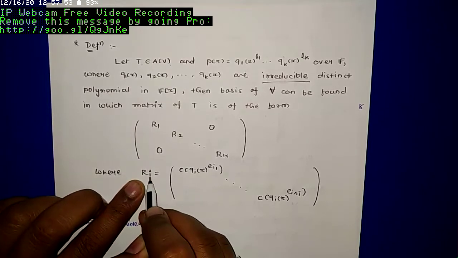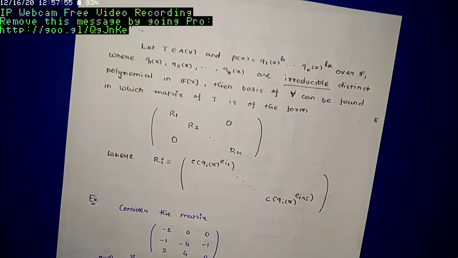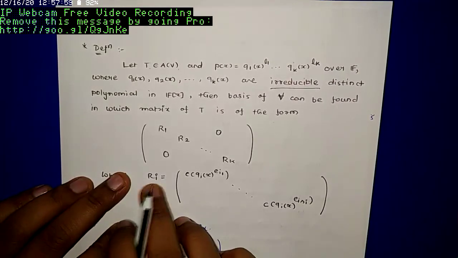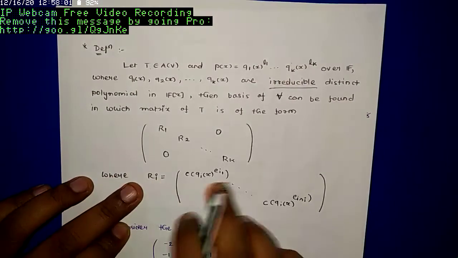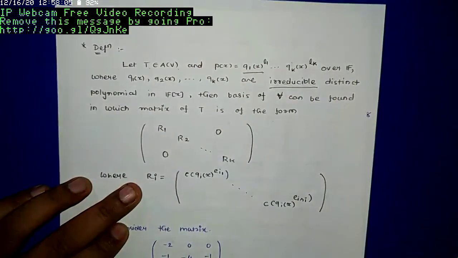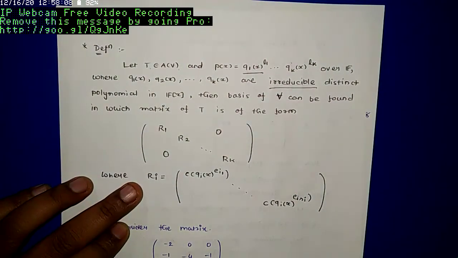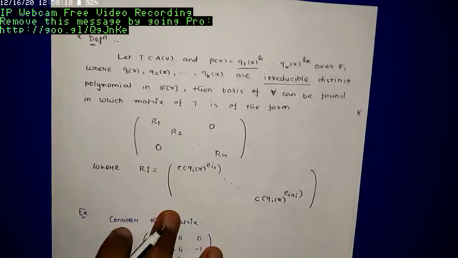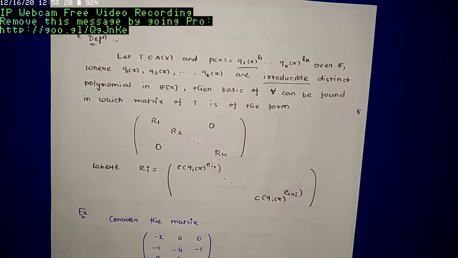It is the ith factor's companion matrix, because if we write i equals 1, we want to find R1. R1 is nothing but the first companion matrix of the first polynomial q1(x). And if we find all the companion matrices of all the factors of the minimal polynomial, then easily we find the rational canonical form.